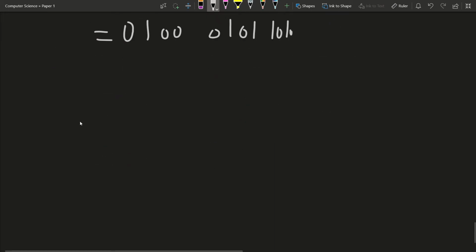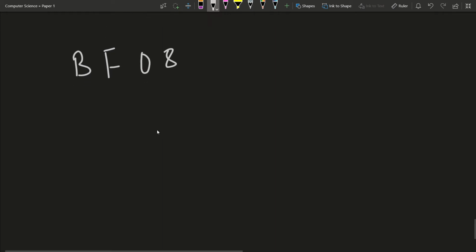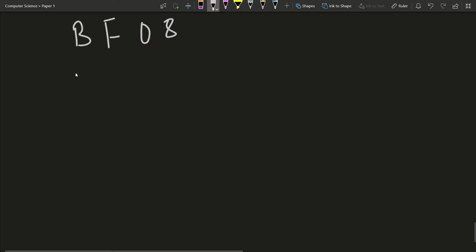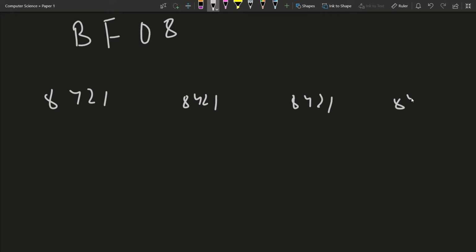Let's do another example. BF08. So B is 11. So 8421, 8421, 8421, and 8421. B is 11, so 1, 0, 1, 1, because 8 plus 2 is 10, 10 plus 1 is 11.